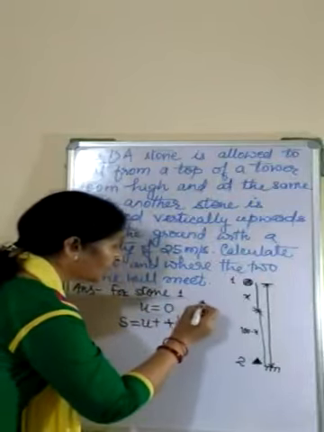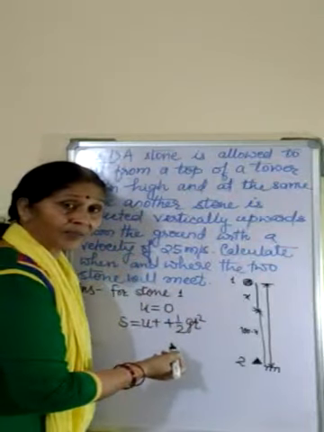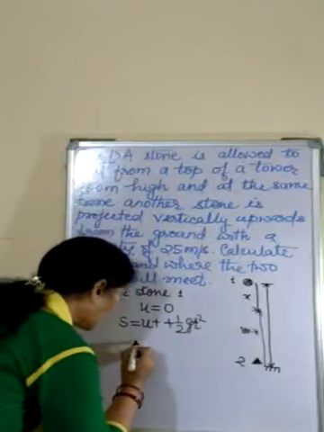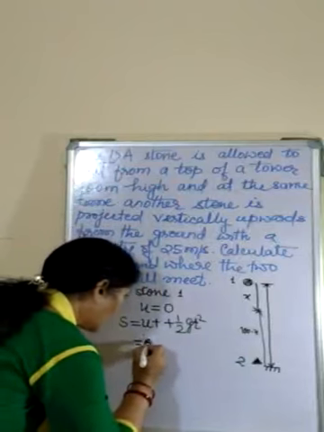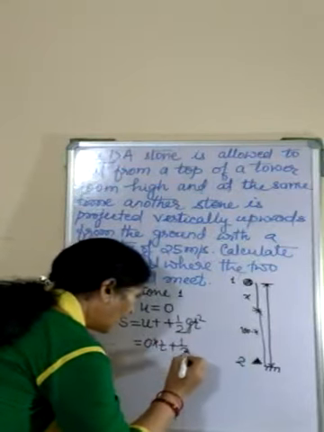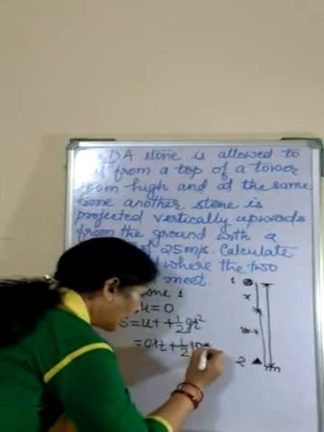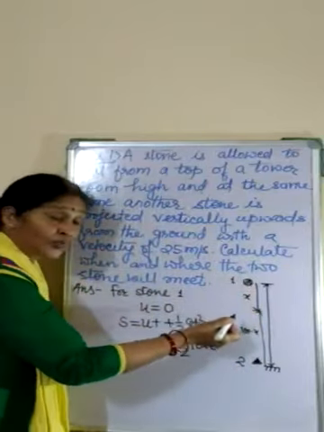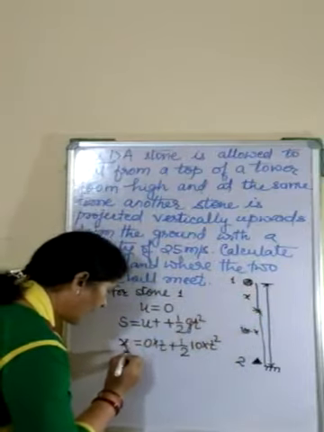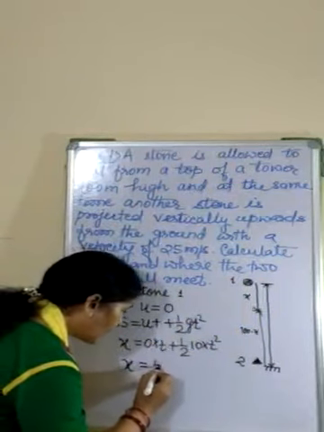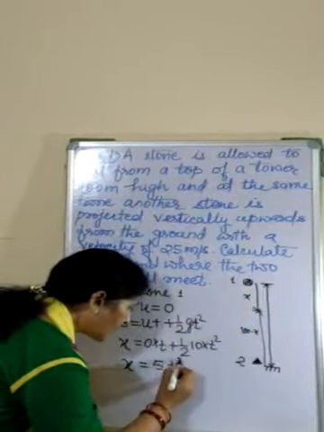Here the value of g is taken 10 meter per second square and it will be positive. This is equal to 0 into t plus half 10 t square, and the distance travelled by the stone 1 is x. So we will be left with x is equal to 5 t square.